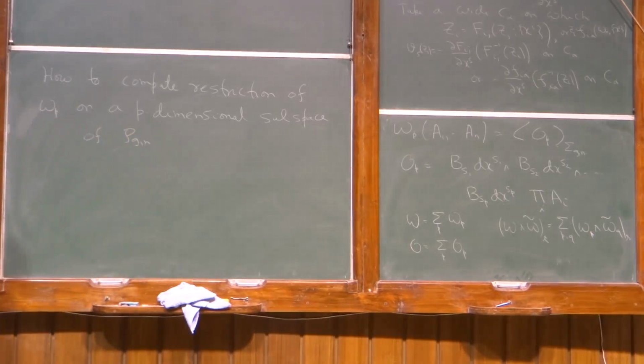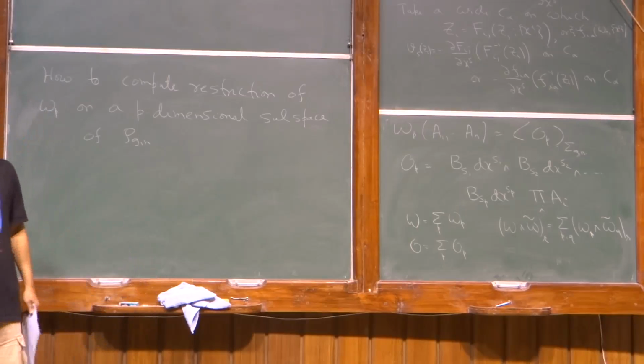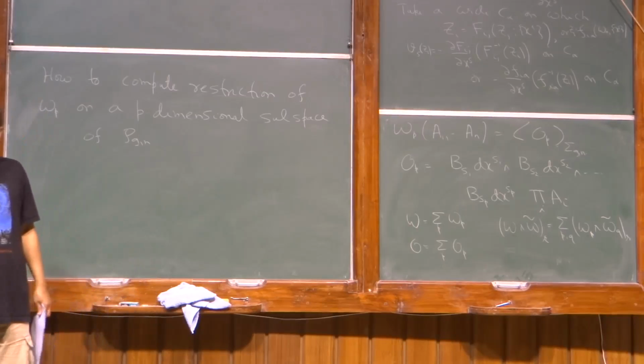Okay? Any p-dimensional subspace. At this stage you don't care about whether it's a section or not. Take some p-dimensional subspace of PGN.